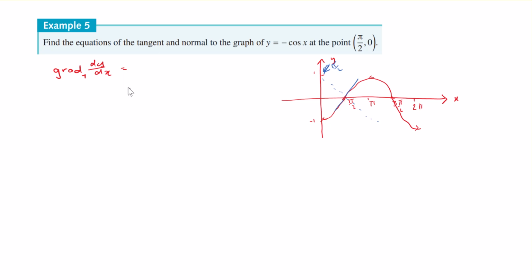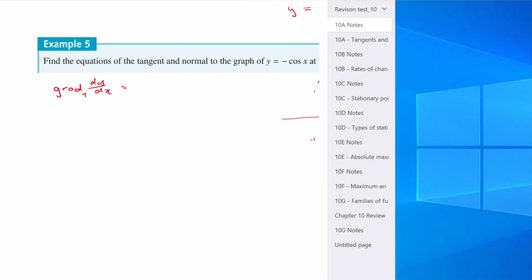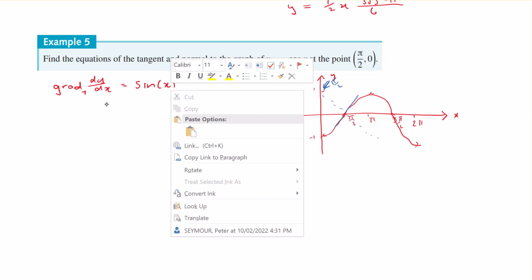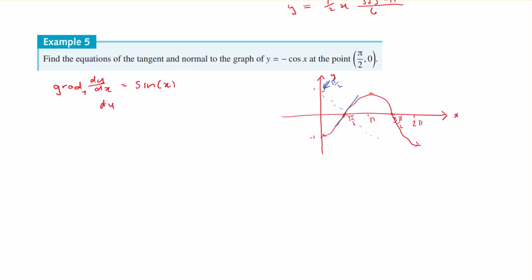The derivative of cos is negative sine, so negative by negative makes positive sine x. So dy/dx is equal to sine of π/2, which is equal to 1.